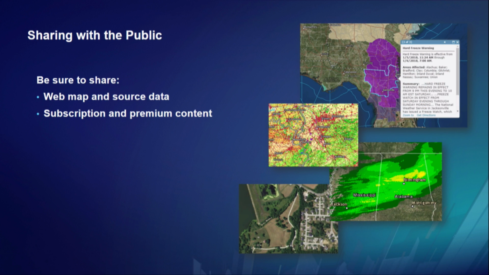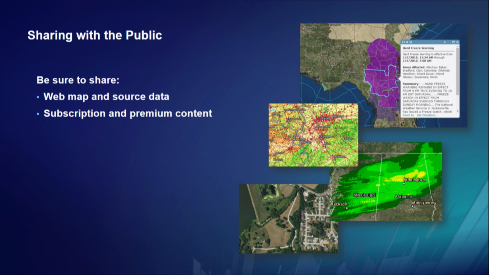And then just one last note, a reminder on sharing. When you are sharing these apps publicly and they are going viral, as Beth's demo showed, some of those apps might be leveraging content that requires you to authenticate into ArcGIS Online.